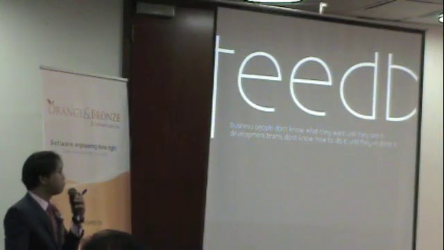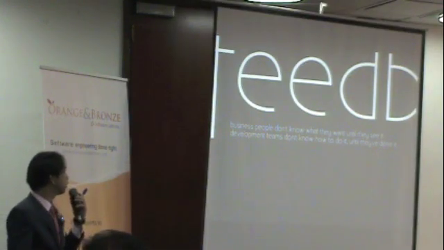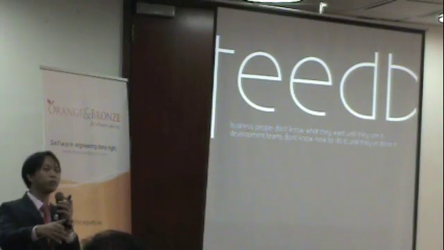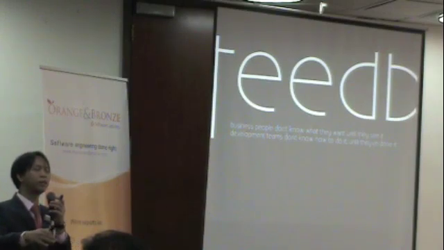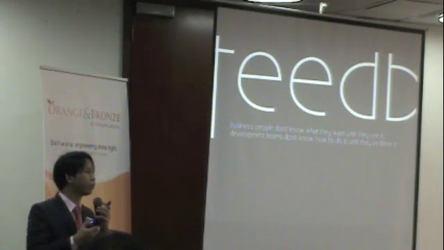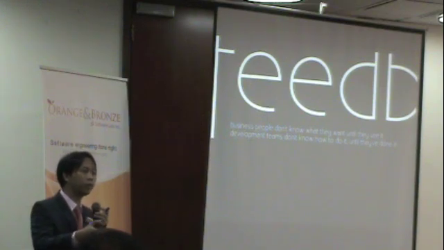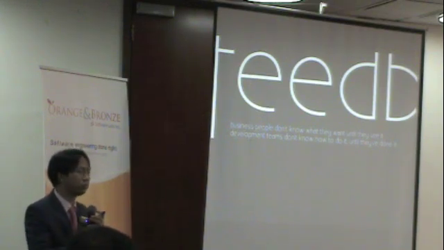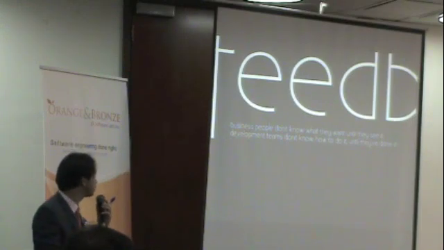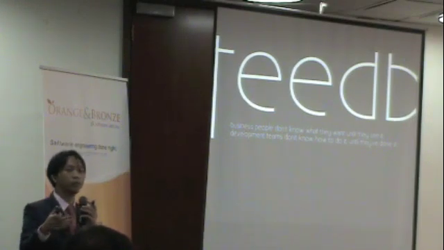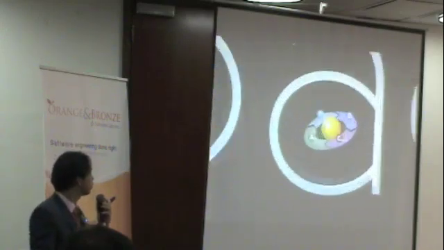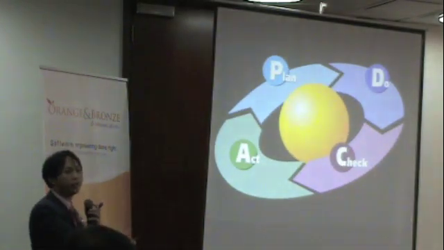Here's the thing. Business people don't know what they want until they see it. They know how to solve problems, or rather, they know the business value they want out of the software, but how it will do it, they wouldn't know until they see it. They could assume. The same way that development teams don't know how to do it until they've actually done it. So what you do is the Deming Cycle.